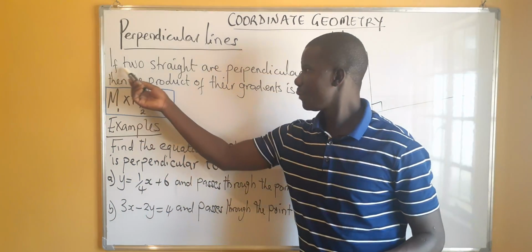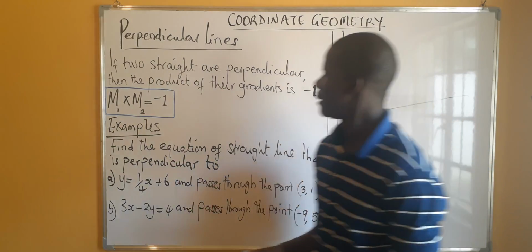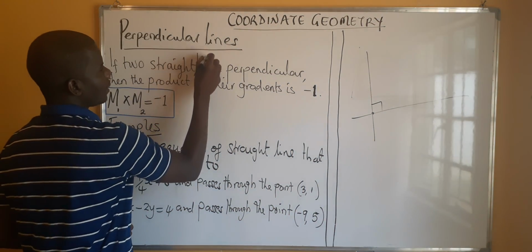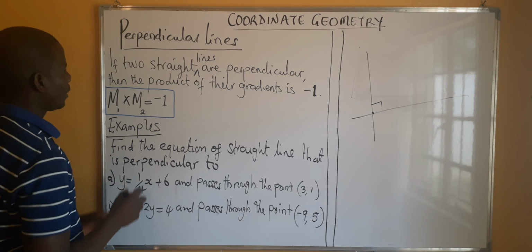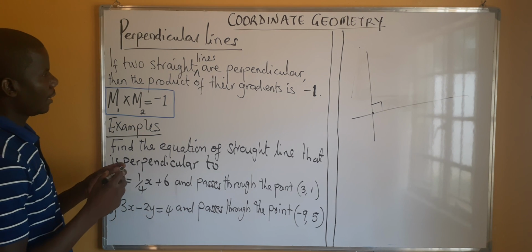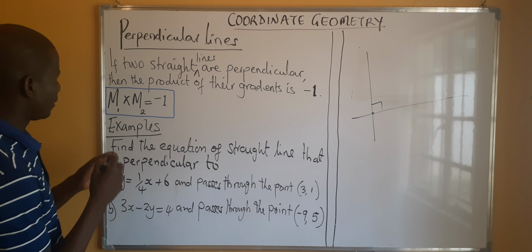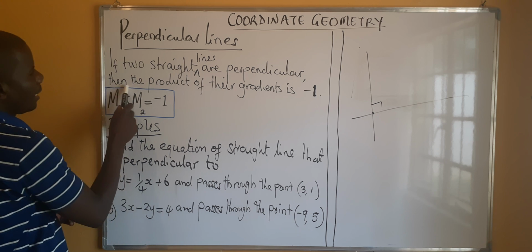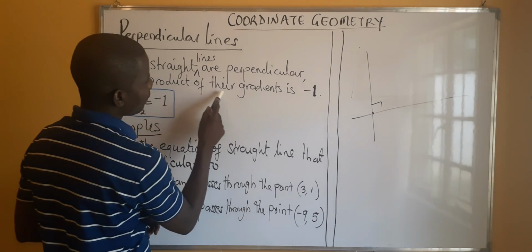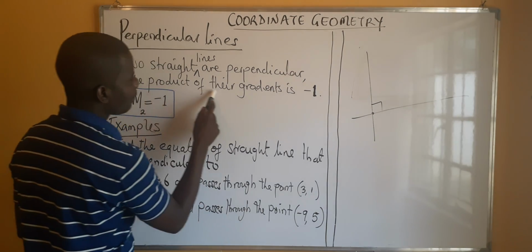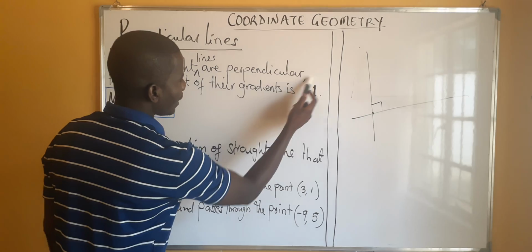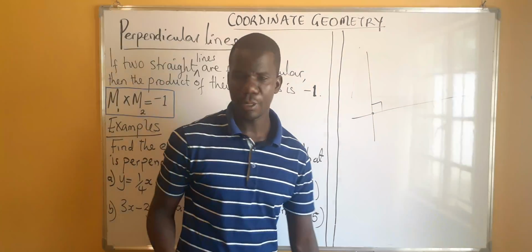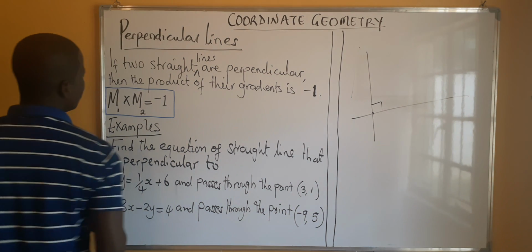So we are saying if two straight lines are perpendicular, then the product of their gradients is -1, just as we have seen here.